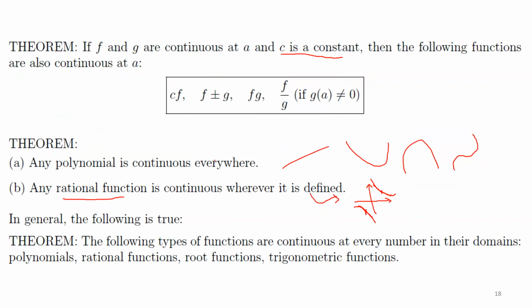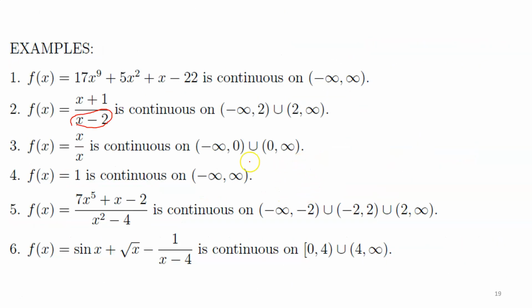Okay, dia kata macam ni, wherever it is defined. Dekat mana dia boleh. So you have negative infinity until 0 and union with 0 until infinity. And for 1 is continuous on negative infinity until infinity because it's just a constant. And when you have another one like this is also rational.